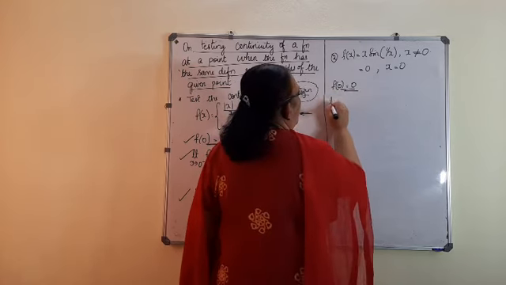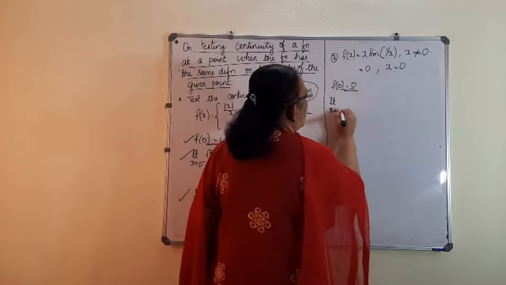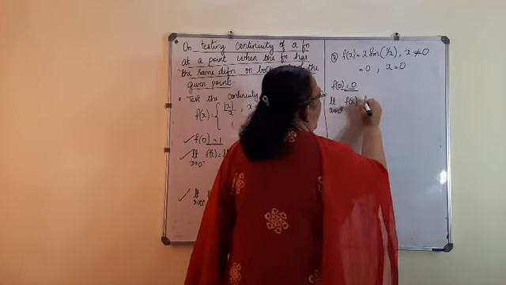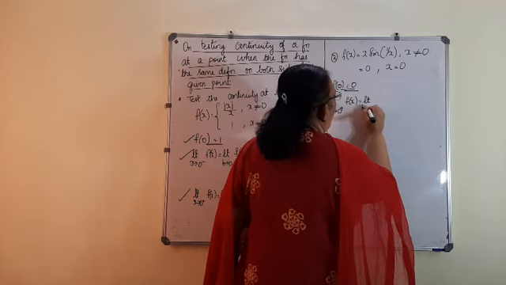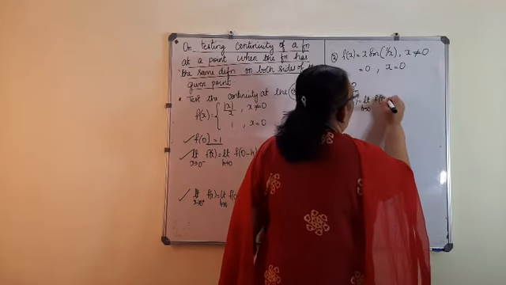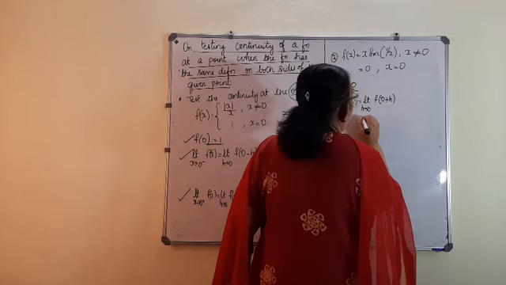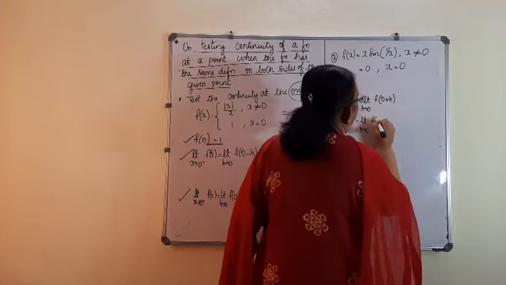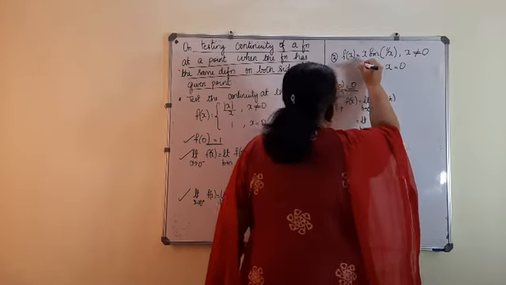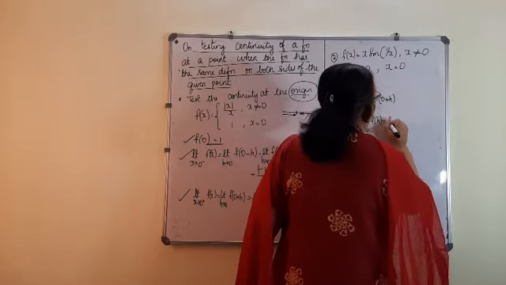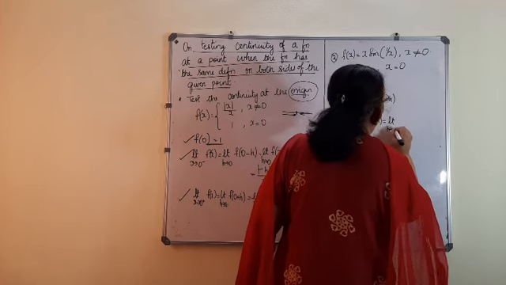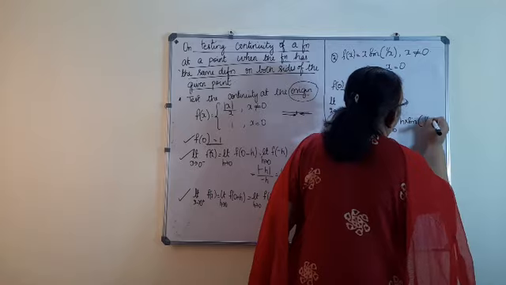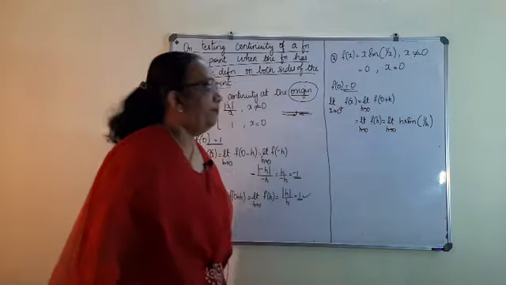Limit x tending to 0 plus f of x is equal to limit h tending to 0 of f of 0 plus h, which is equal to limit h tending to 0 of f of h. And what is f of h? Limit h tending to 0 of h into sine of 1 by h.